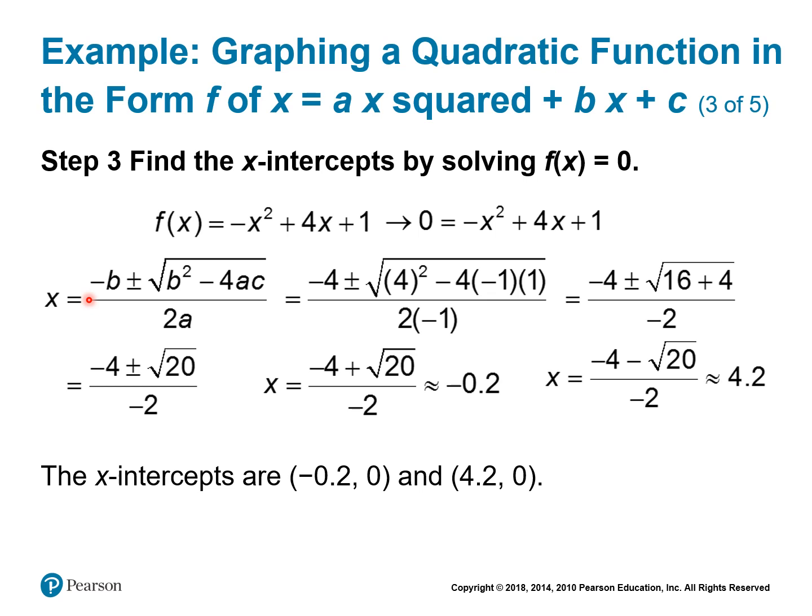Please make sure that you run the line of division under the entire expression, minus b plus minus the square root, because sometimes I see students just dividing the square root of b squared minus 4ac by 2a. Remember, minus b is a part of the numerator.